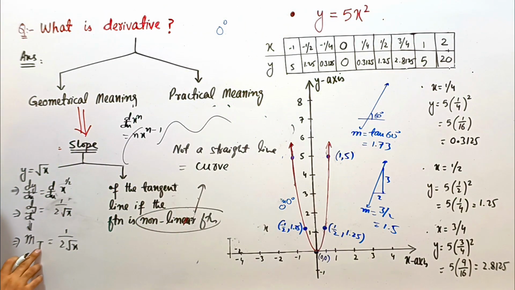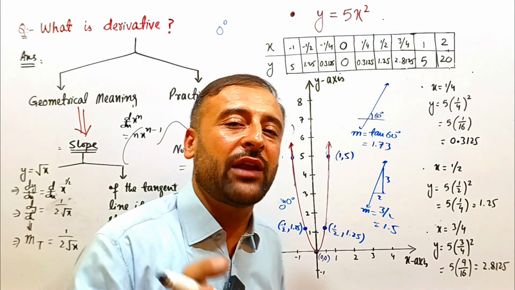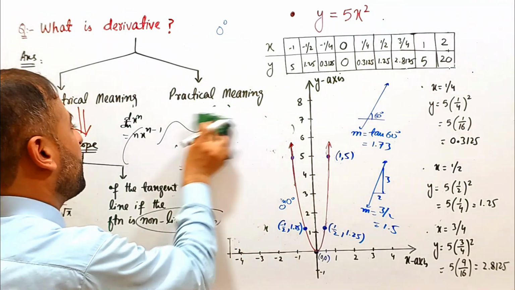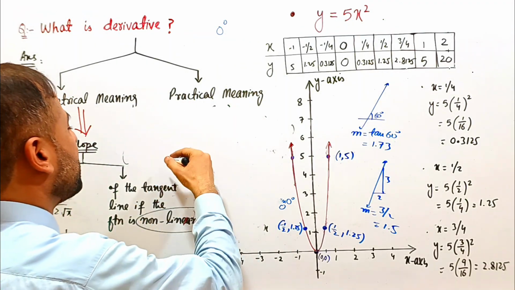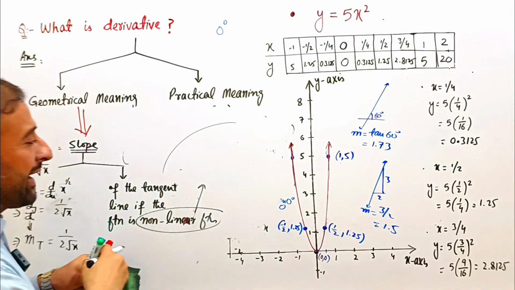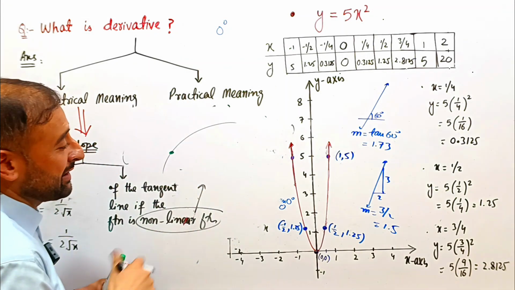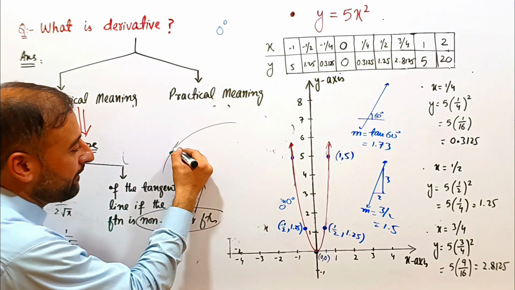Students, here I write small t, it means tangent, the slope of the tangent line. The slope of the tangent line will be equal to this, and you know at different points a different tangent can be drawn. Tangent means a line which touches the curve at one point in the given plane. For example, this is a given function. At this particular point, the tangent will be this line.